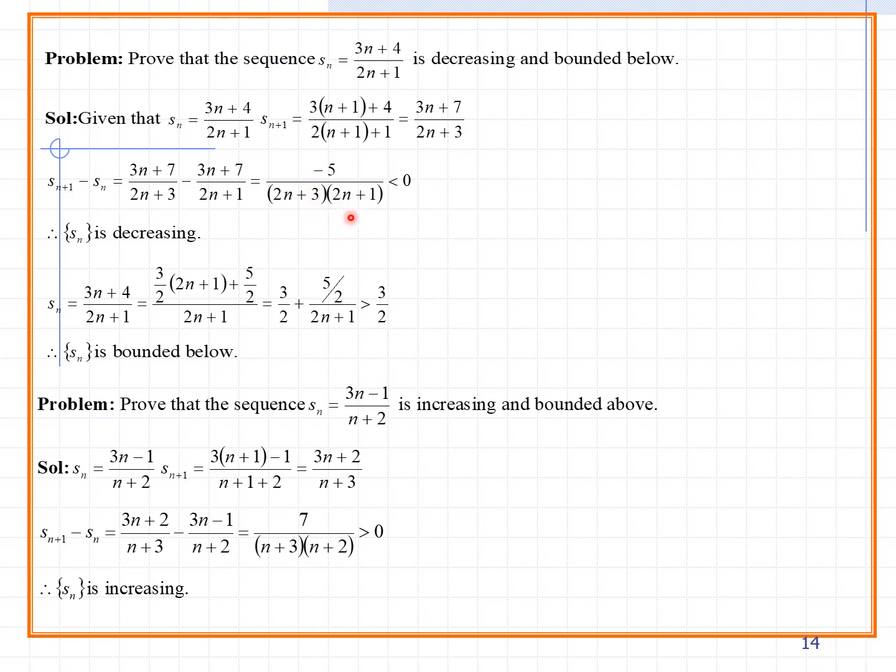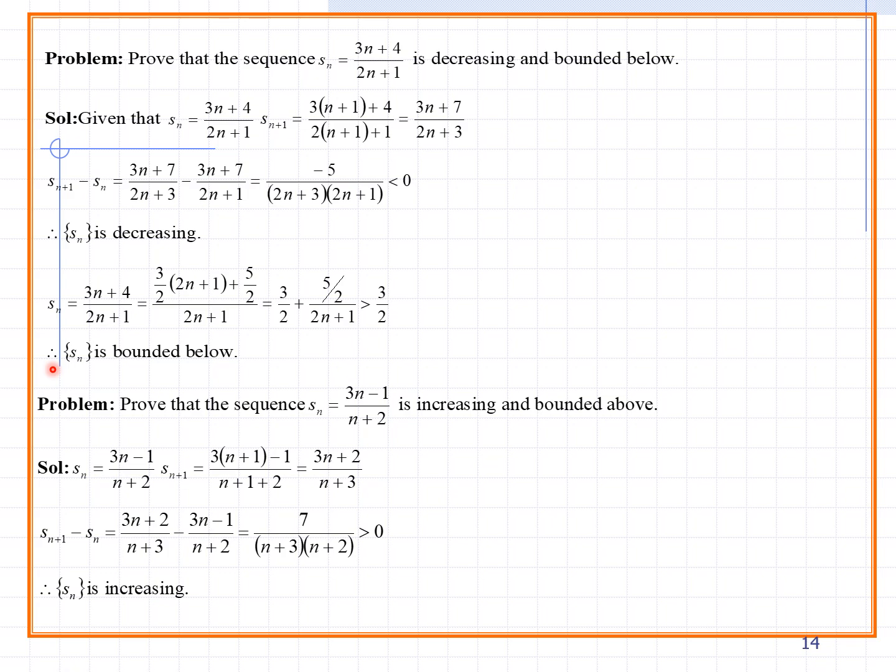Replace n with any value and you get a negative value, which means less than 0. Once you get less than 0, the sequence Sn is decreasing. Remember this point: Sn plus 1 minus Sn less than 0. Since n plus 1 is the highest value and n is the lowest value, a negative difference means it is a decreasing sequence.